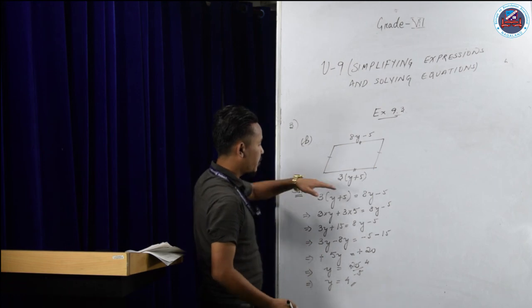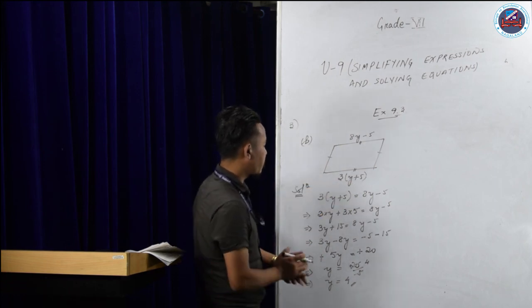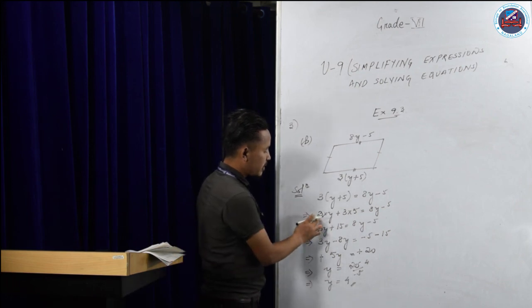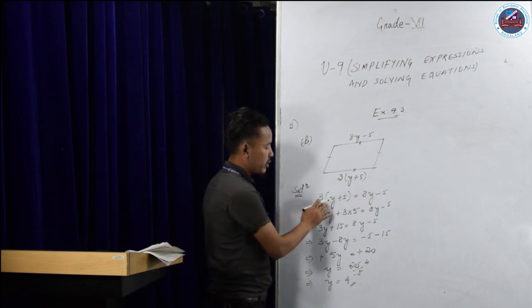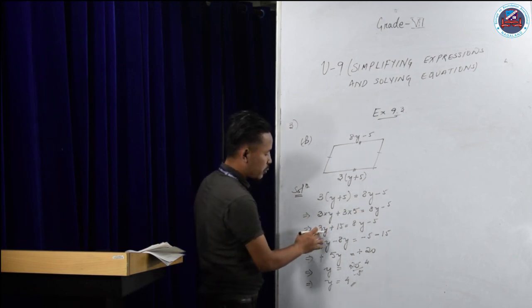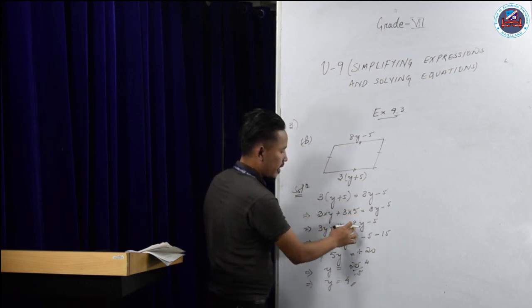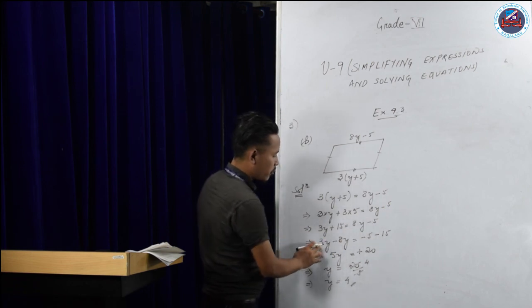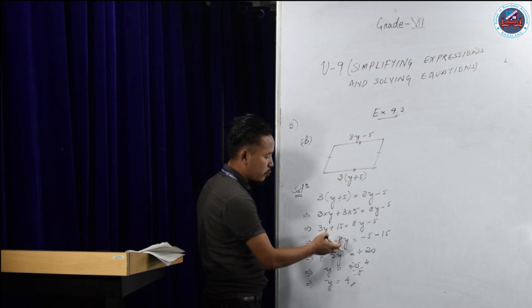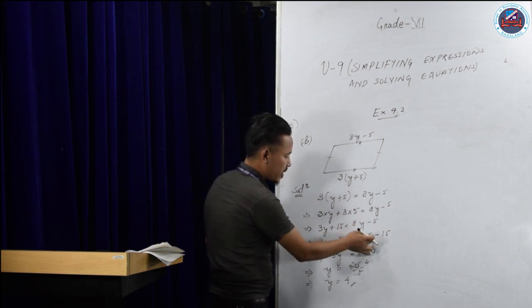Let's recheck again. 3 bracket y plus 5 equals 8y minus 5. On removing the bracket, we get 3 into y plus 3 into 5 equals 8y minus 5. 3 into y, we get 3y. 3 into 5, 15. 8y minus 5. 3y, I've shifted the variable from the right hand side to the left hand side. That is minus 8y equals minus 5 remains the same.